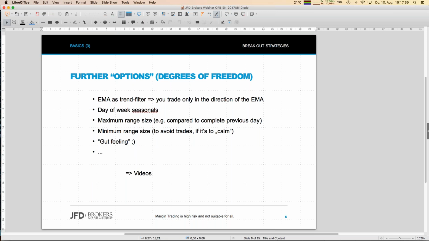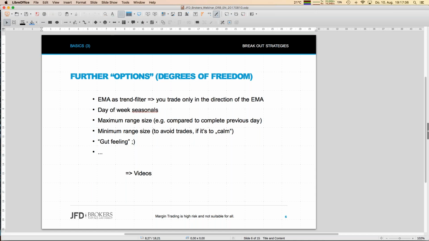So an EMA, for example, as being used as a trend filter might be a good idea. In this case, we would simply ask ourselves, hey, we have an EMA, we are, for example, below, the price is below that EMA, then we only place the short order and we forget the long order. Just one idea, that if there is a certain trend, that we only trade into the direction of that major trend.